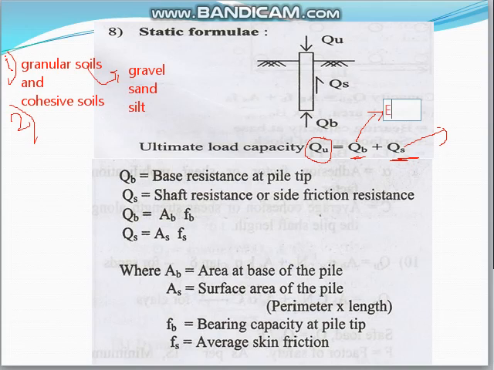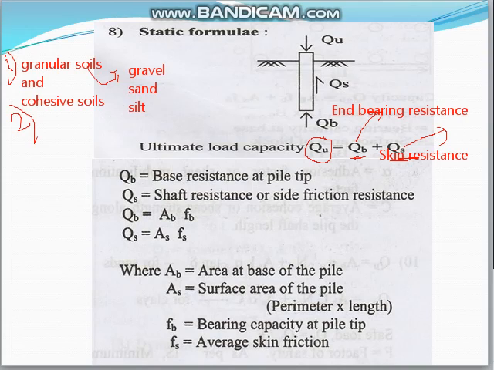This is the end bearing resistance. This is the skin resistance. The ultimate load carrying capacity is nothing but the combination of end bearing resistance and skin resistance.